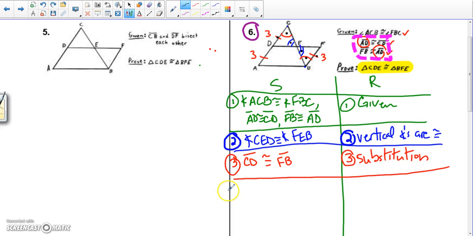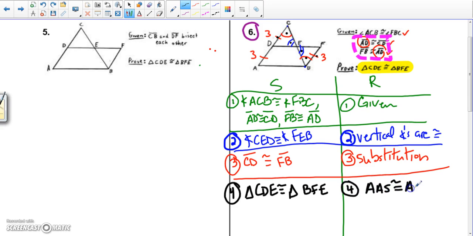So it looks to me like we are done. Triangle CDE is congruent to triangle BFE, and naming it the shortest way, that is an angle, angle, side congruency. Alright, so there you go.